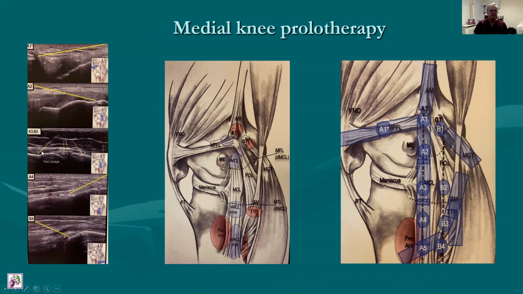And these are the other trajectories of the needle to inject several different structures under ultrasound on the medial side of the knee. Again, more diagrams on this slide showing injection points.